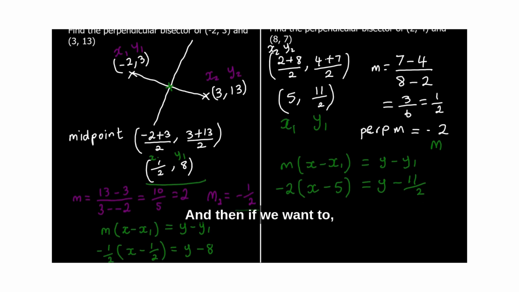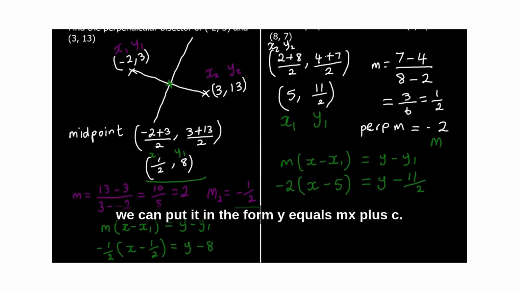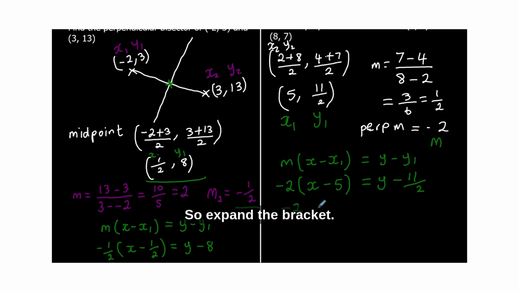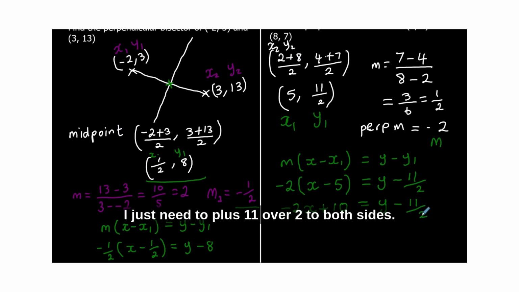And then if we want to, we can put it in the form y equals mx plus c, or ax plus by plus c equals 0. So expand the bracket, minus 2x plus 10 equals y minus 11 over 2. If I want it in the form y equals mx plus c, I just need to add 11 over 2 to both sides.